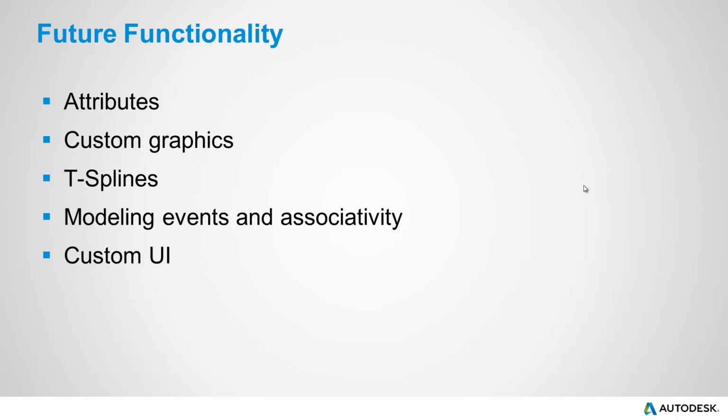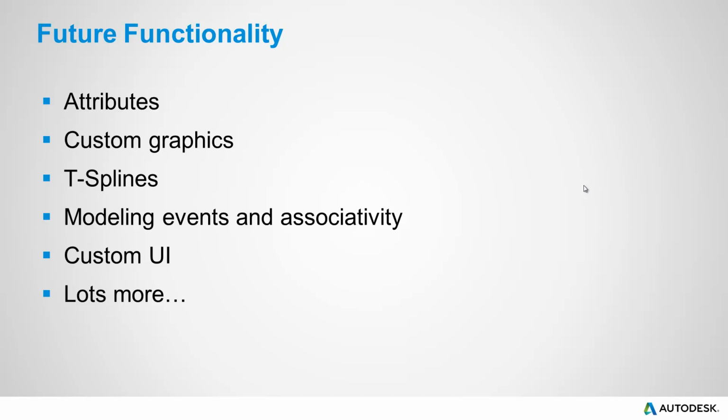And custom UI. I showed a second ago that custom dialogue, and that you can create your own commands with those dialogues. And today you're limited to creating those kinds of dialogues with the kind of controls that the API currently supports. But if you need a more advanced dialogue that maybe has tables and graphics and all kinds of stuff, then currently there really isn't a good way to do that.